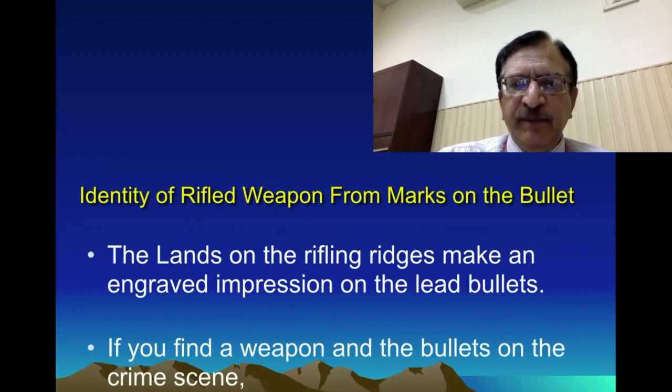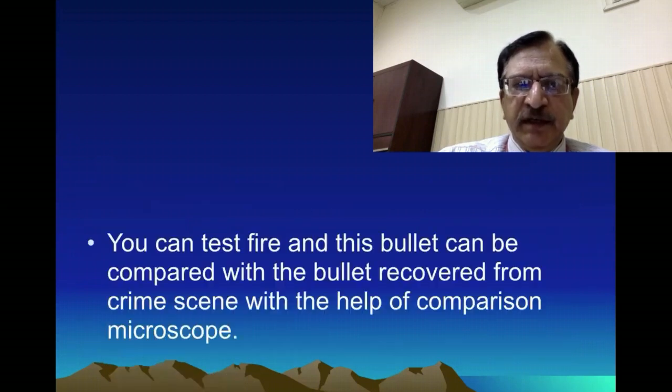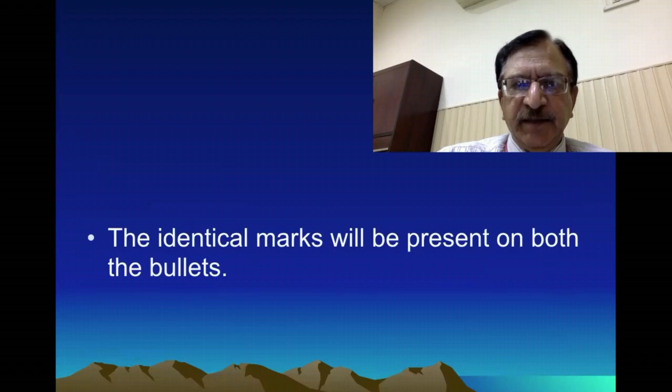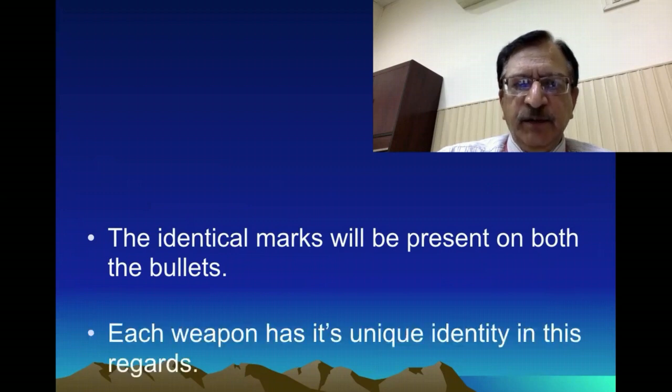If you find a weapon and the bullets at the crime scene, you can test fire, and this test-fire bullet can be compared with the bullet recovered from the crime scene with the help of a comparison microscope. An identical pattern of marks will be seen on the test-fire bullet and the recovered bullet. So these identical marks will help us in confirming the identity of the bullet.